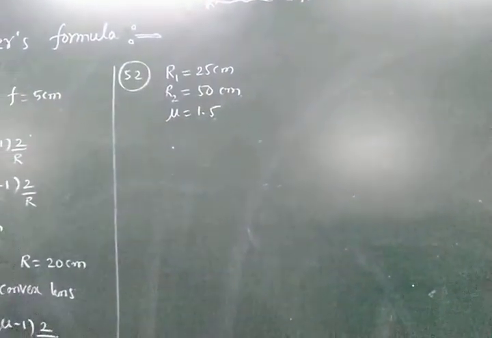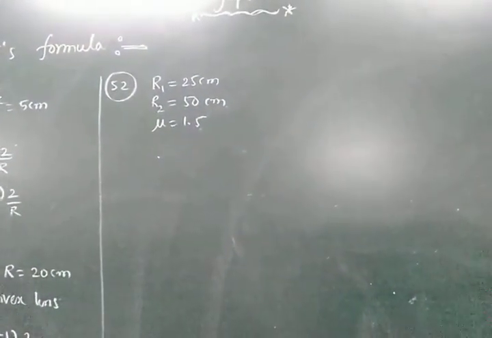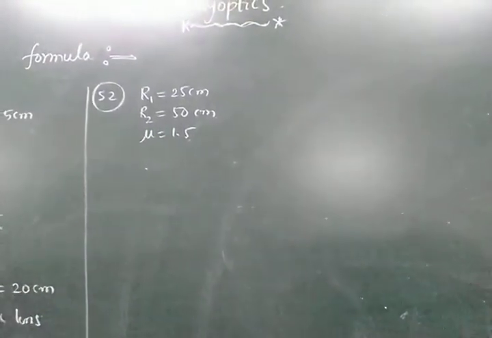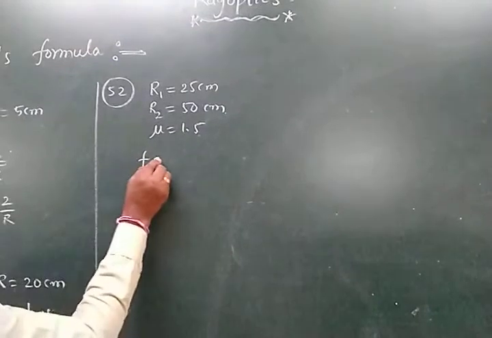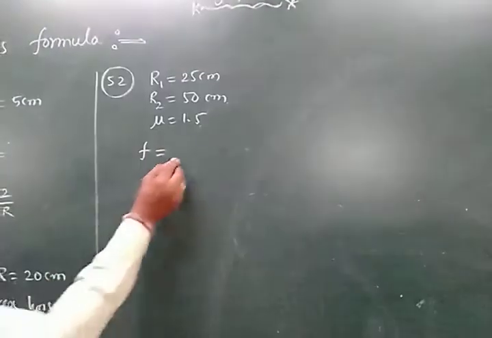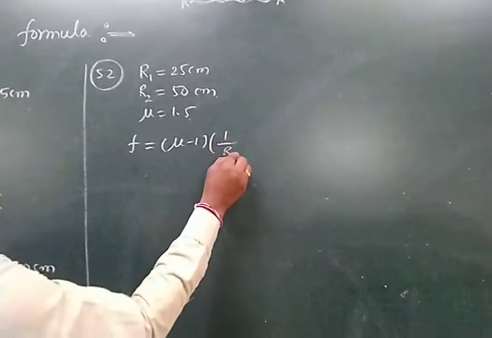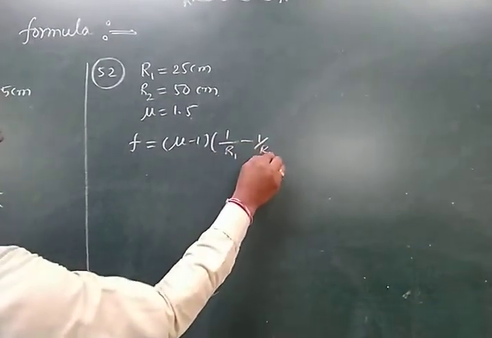What is its focal length? The formula is 1 by f is equal to (nu minus 1) into (1 by r1 minus 1 by r2).